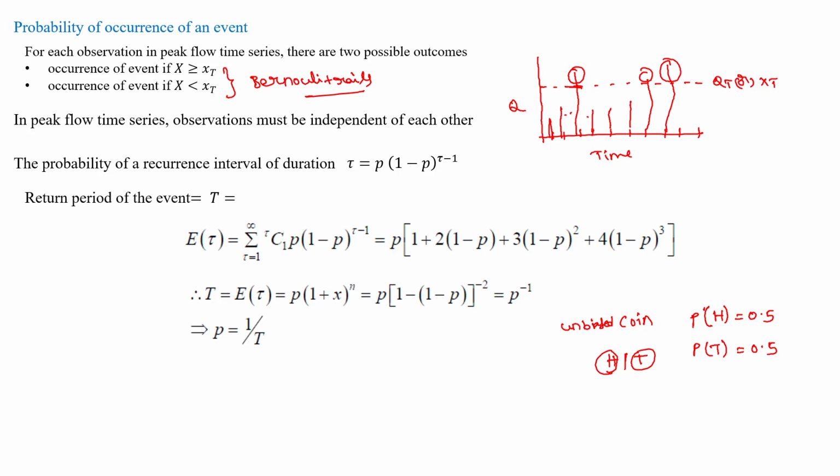But in this case we don't know the probability of observing x greater than xt, as well as the probability of x less than or equal to xt. What I mean to say is that these probabilities follow a Bernoulli process, and we can model this variable with the Bernoulli distribution.